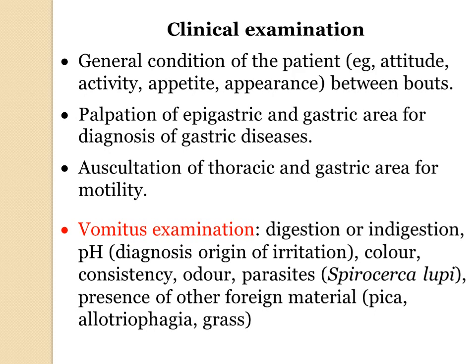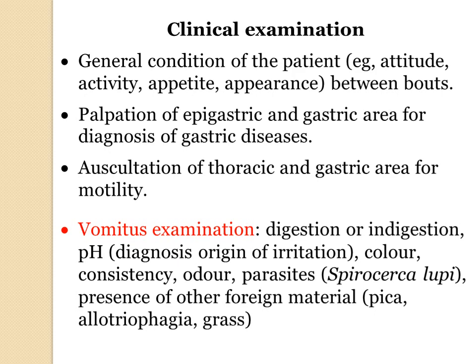Now, the clinician has to actually examine the animal. The clinician examines the general condition of the patient, for example attitude, whether the animal is active or not, appetite, general appearance of the animal, and conditions between the various bouts of vomiting.